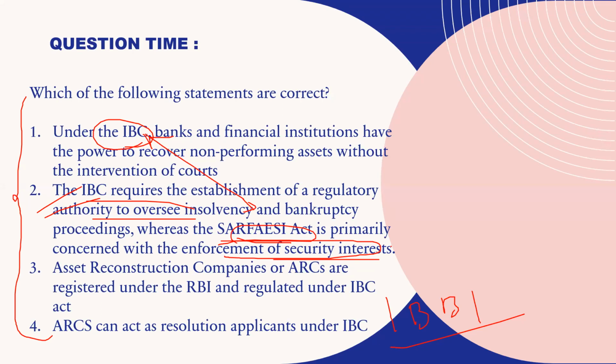Yes, it is called security or collateral. Security interest or security collaterals. Give me one example of security collateral. Be it gold, very good. Land, warehouse receipts also, yes, house, very good. So these are some security interests.